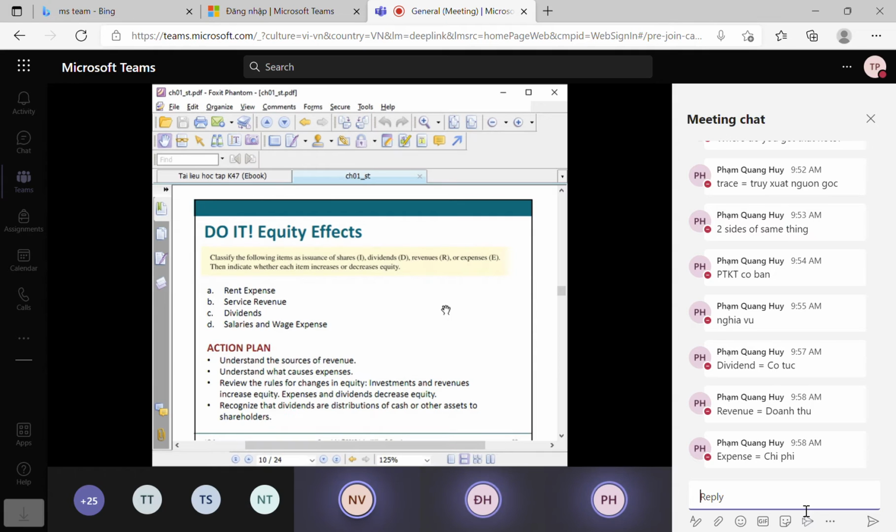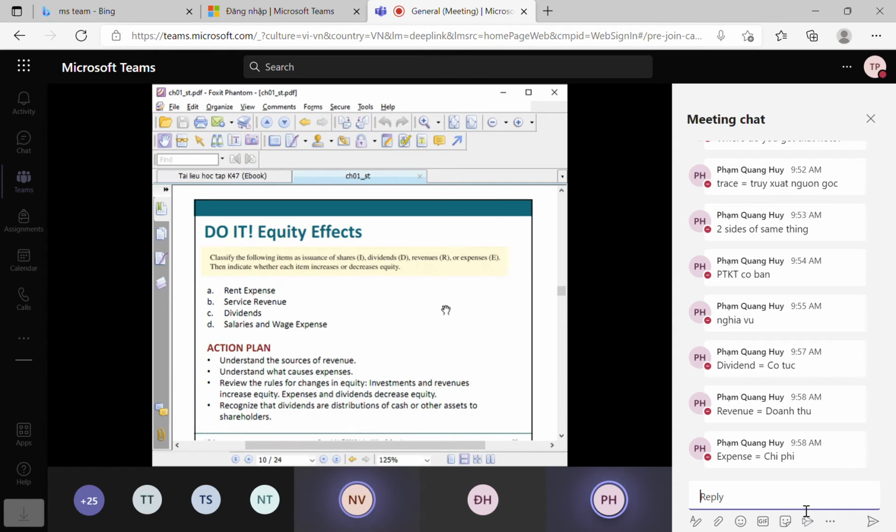Classify the following items as a share, dividend, revenue, or expense. Very easy to classify. If you see the academic term, for example, the salary and wage expense, you absolutely say that this will classify to expense, right?